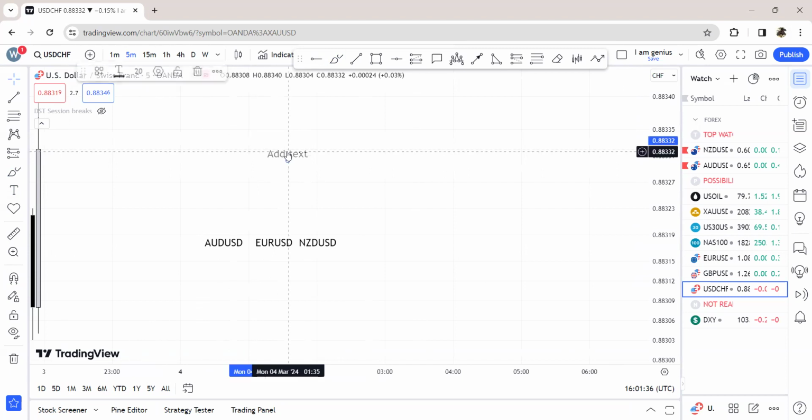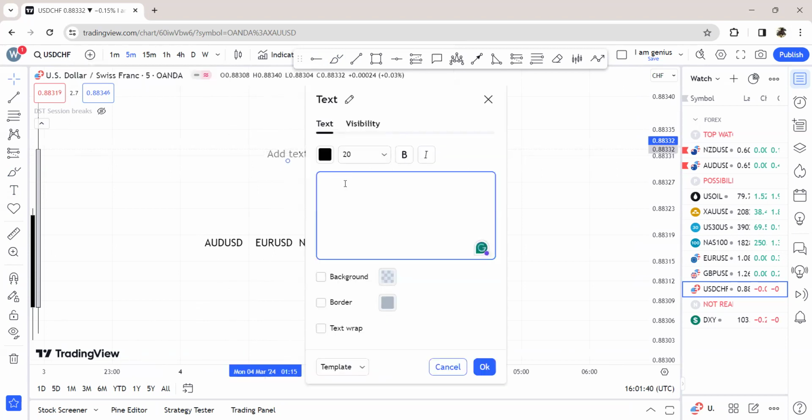Remember, we said whenever the US dollar is the base, when the US dollar is the base currency, it moves in the same direction as the DXY.